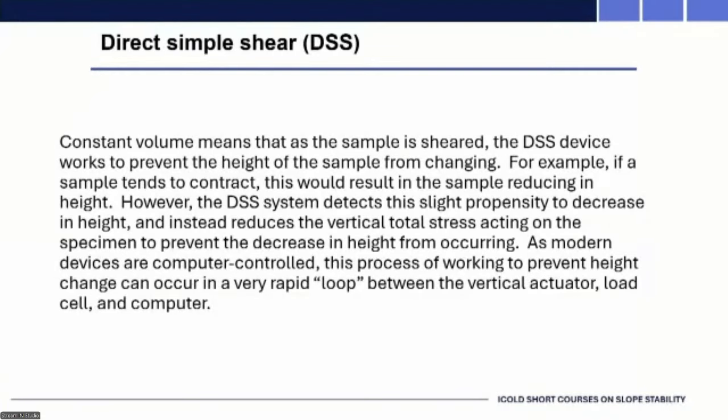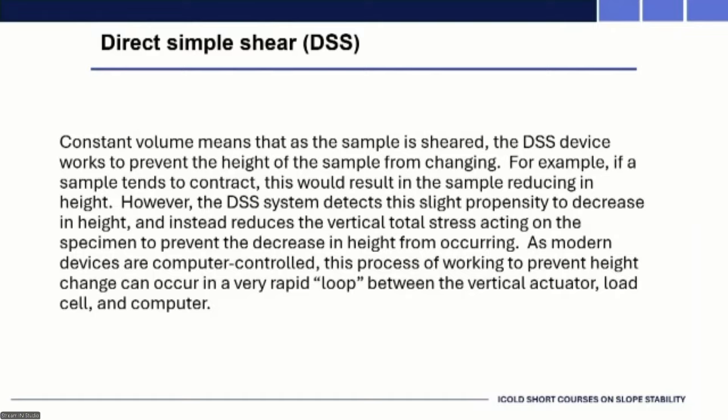So the way we do it is we prevent the sample changing in height, which means you have to have a device, and the GDS device does this really well, that as you're shearing the sample, if it's tending to contract, decrease in volume, the vertical stress backs off. So it keeps it at the same height. If it's tending to dilate, the vertical stress increases to keep the height constant.